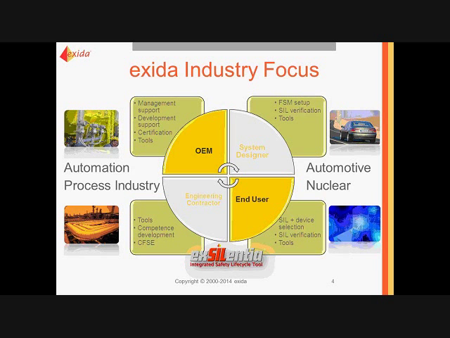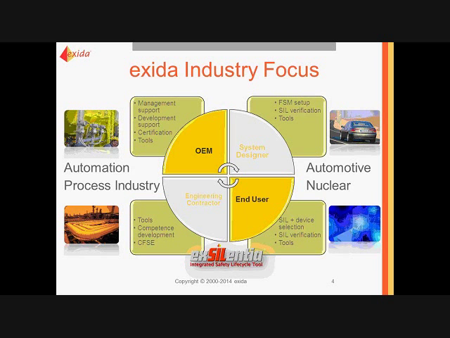The tool that links all of this together is exSILentia, and some of you may be familiar with exSILentia, some of you may be using exSILentia, or this may be new to you. From an engineering contractor's point of view, it helps with being able to do the designs for safety instrumented systems and safety instrumented functions. There's also competence development.